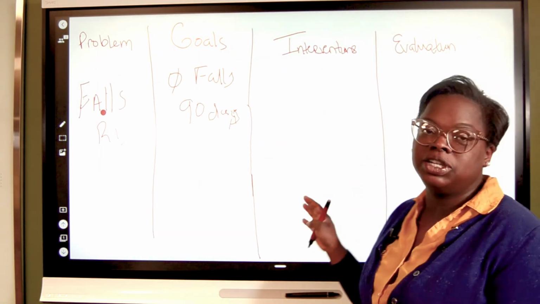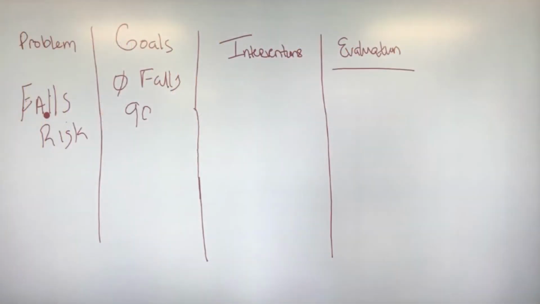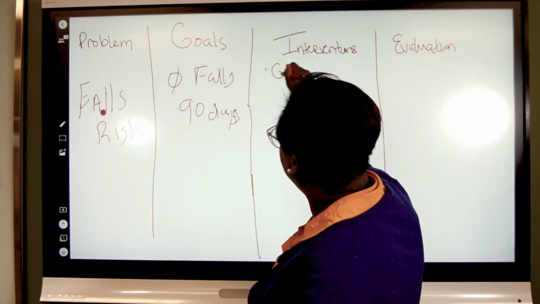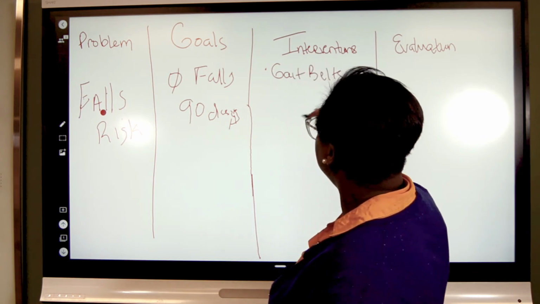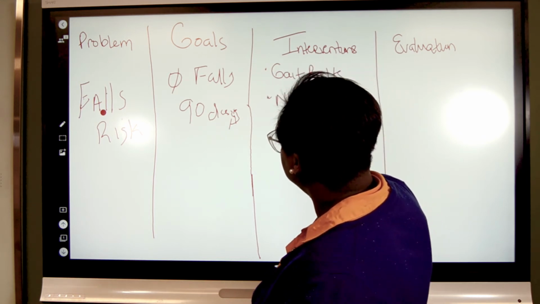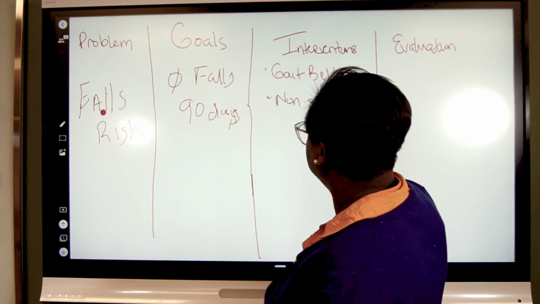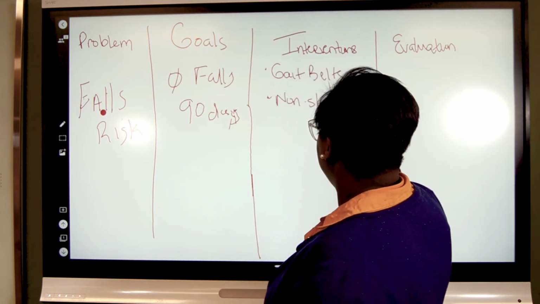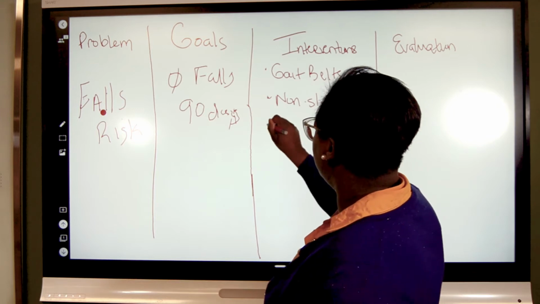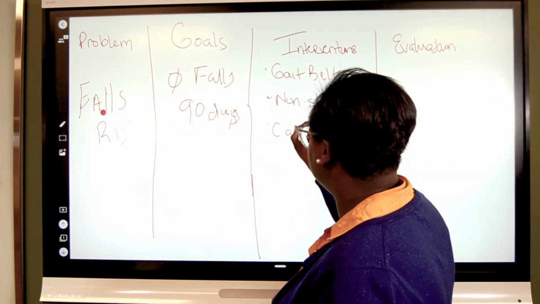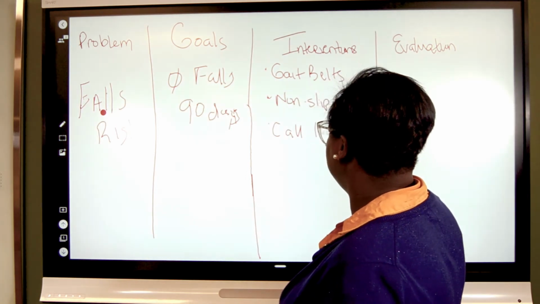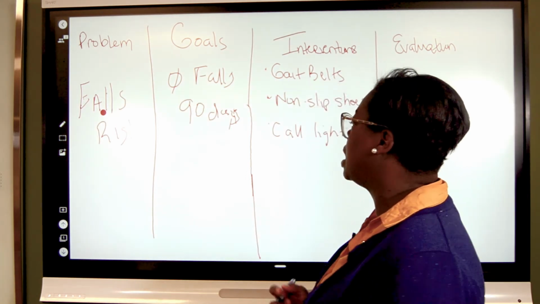So what interventions would keep this resident from falling? So in the CNA class, we learned about the use of gait belts, right? So we use our gait belts on transfer. We've learned about non-slip shoes, making sure that when we transfer the resident, they have on non-slip shoes. We've learned about leaving the call light within the resident's reach so that they don't fall trying to reach that call light.